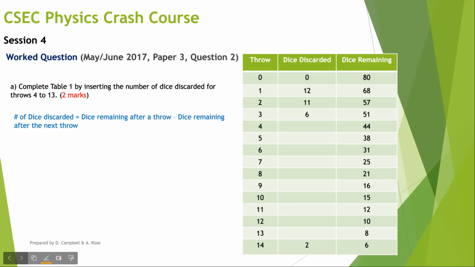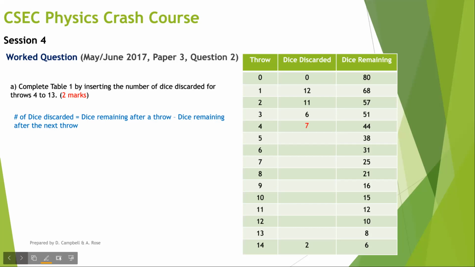Now notice that if you look at the first 4 rows, you could see the trend is that to get the number of dice discarded, you subtract the number of dice remaining after the second throw from the number remaining after the first throw. So we would subtract 68 from 80, that gives us 12. For the third row, you would subtract 57 from 68, that gives 11, and so on.